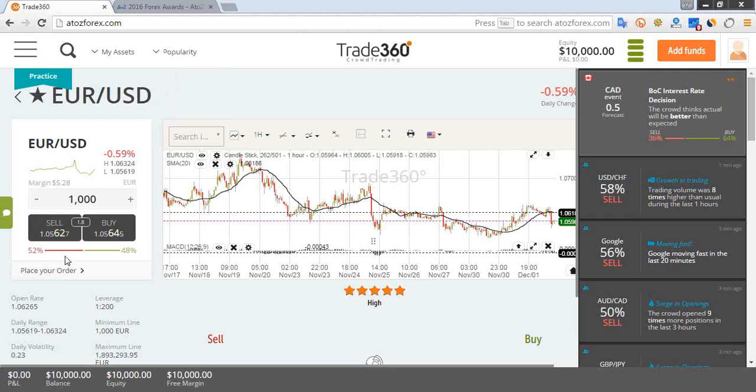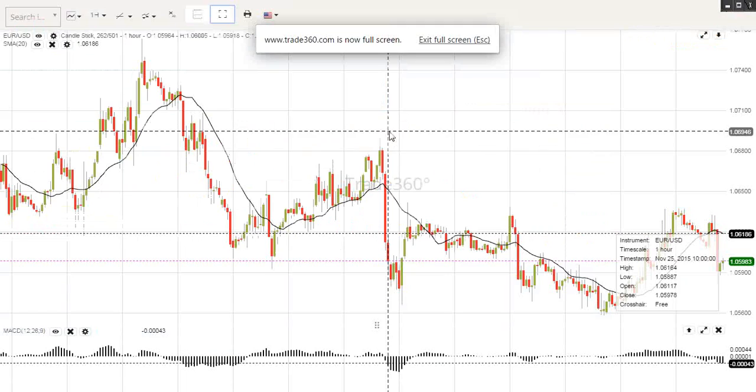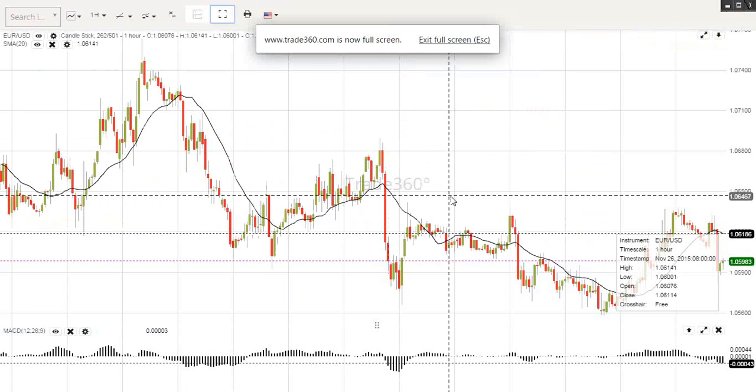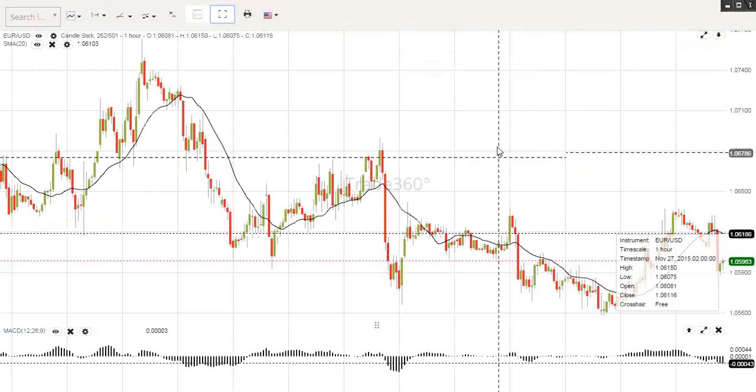First of all, if you are a trend follower, you can see that on Trade360 you have this small widget on your chart, which shows 52% of the traders are selling and 48% of the traders are buying. So it gives us an opportunity to see the market from a slightly different perspective: most of the people are selling. Now, let's move on to the chart closely.